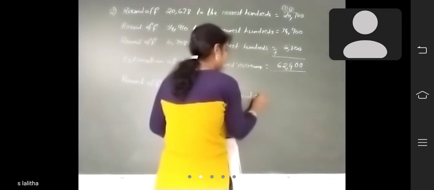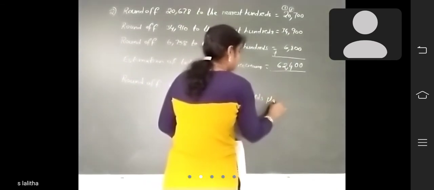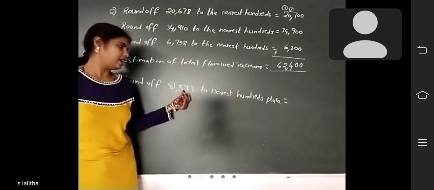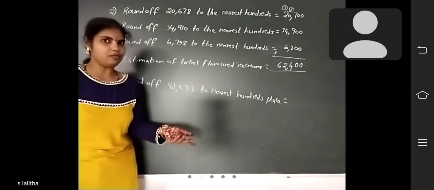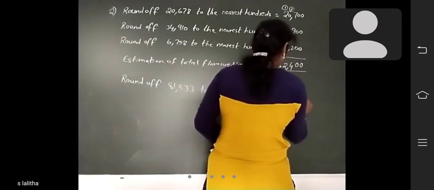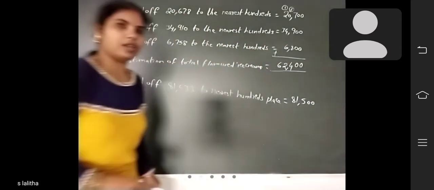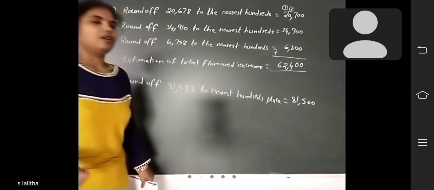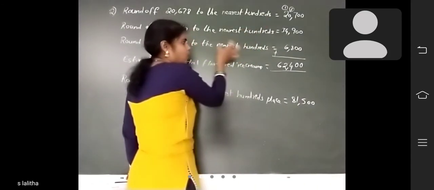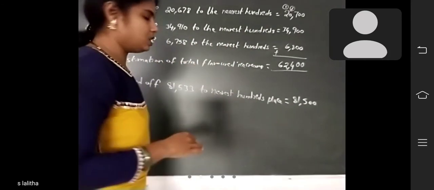The hundreds place is here, 5. Right side number is 3. That means less than 5, so rounding down. So 81,500. Okay. Now here, how many total ice creams are mango, strawberry and orange flavored? 62,400.